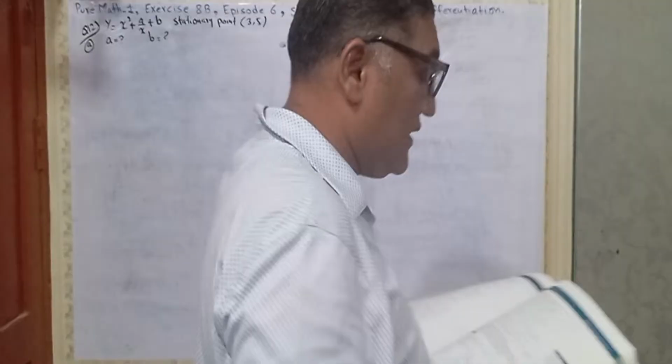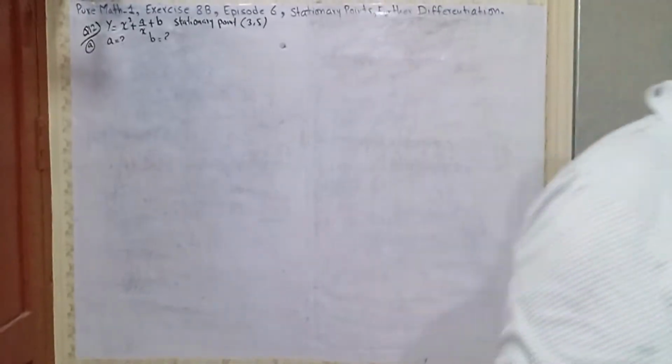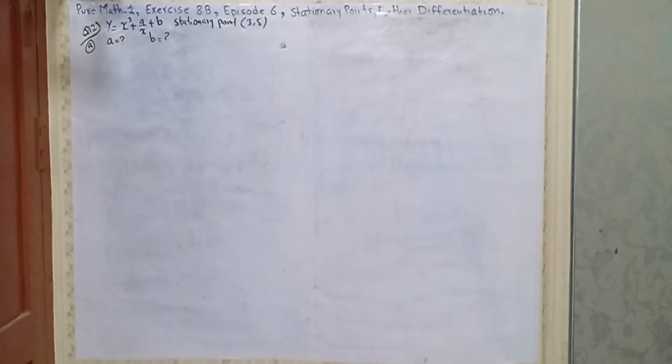Here we have the equation given: y is equal to x squared plus a divided by x plus b, and we have a stationary point at (3, 5). We want to find the value of a and the value of b.